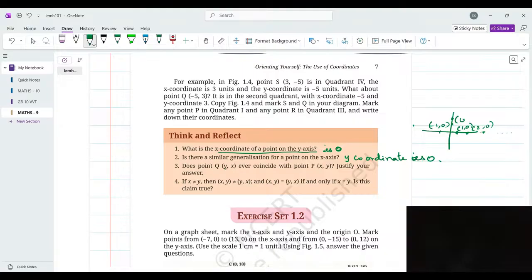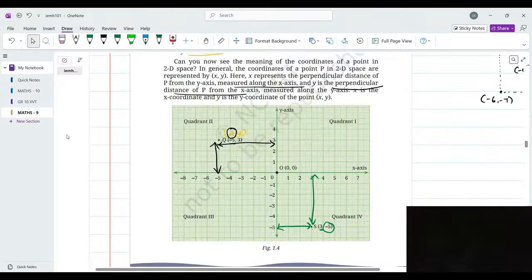Does the point (y, x) ever coincide with the point (x, y)? Justify your answer. Let me take a point. I'll consider this point as 2, 3 and this point as 3, 2. I'll mark here.